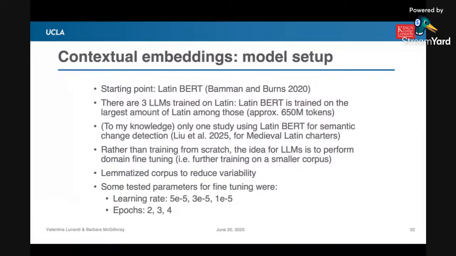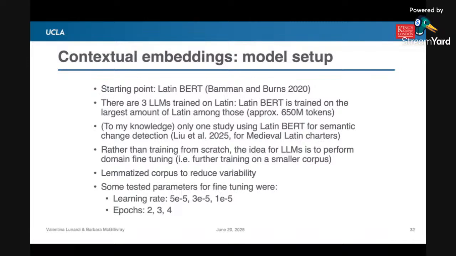I wasn't able to find more than one study that uses LatinBERT for semantic change detection. The one paper that I found is very recent and looks into semantic change in medieval Latin charters. So this would also make my research here pretty new.